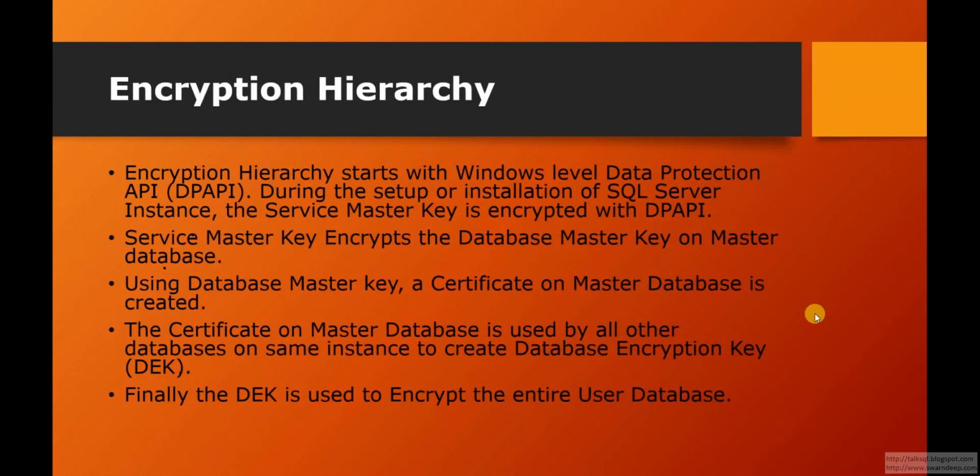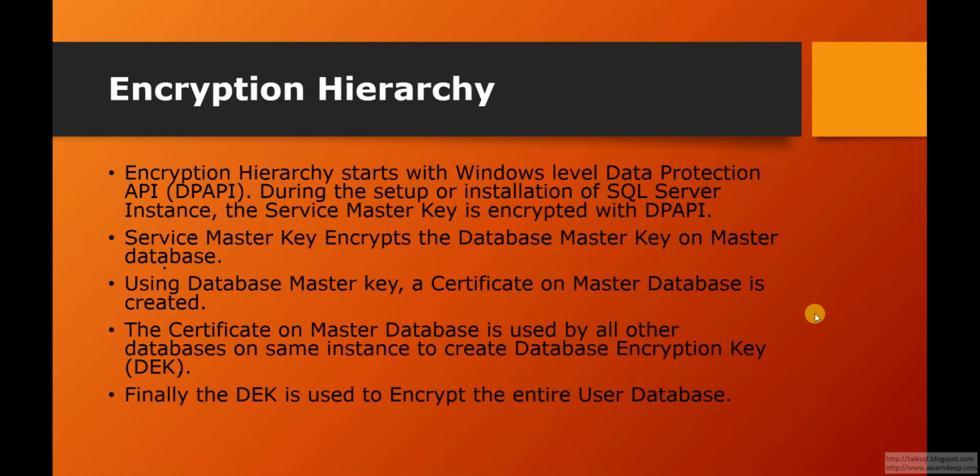From the hierarchy point of view, encryption takes benefit from the operating system, which has inbuilt APIs. When you first install SQL Server on an operating system, the instance has one master key, the service master key, which will be encrypted by data protection APIs or operating system level protection APIs.